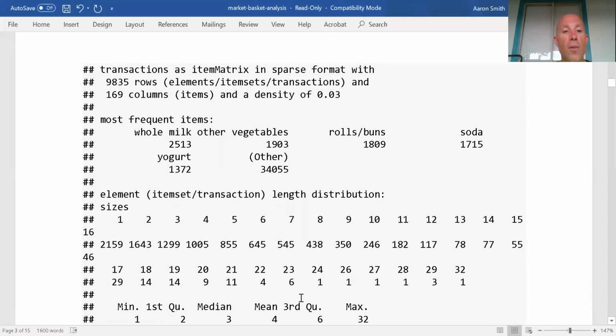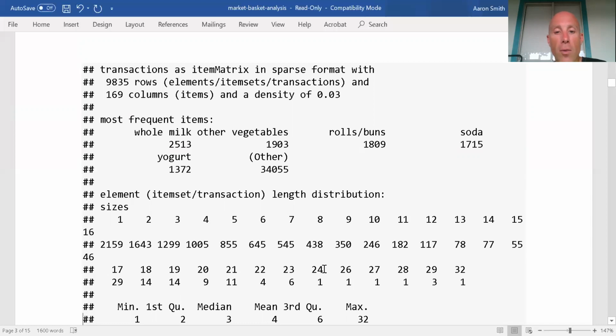All right, so this is telling me the frequency of items in the transactions. We can see that it looks pretty smooth, just decreasing as we increase the number. It goes 1, 2, 3, and so on up to 15, then 16, 17, 18, 19, 20, 21, 23, 24, 26, 27.